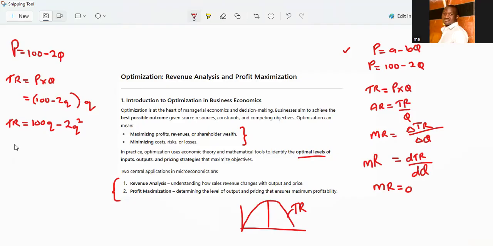Differentiation is given by dTR over dQ, finding the derivatives. What is the derivative of 100Q? It is 100. What is the derivative of 2Q squared? It is 4Q. So this is how we differentiate.